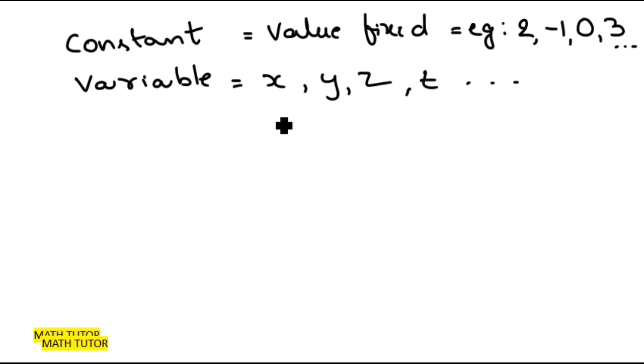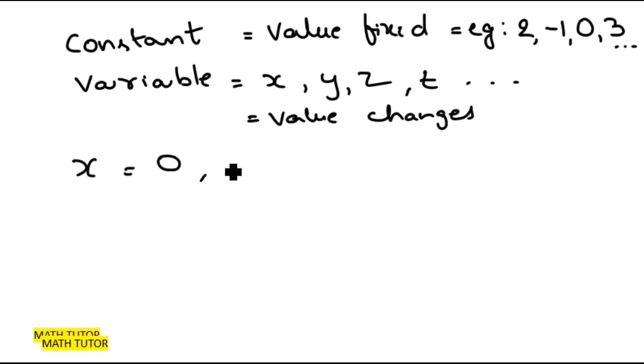Its value keeps on changing. For x, I can have the value 0 one time, minus 1 or 1 or 2 or 3, and so on. I can keep any value for x. It keeps changing. That is why it's called a variable.